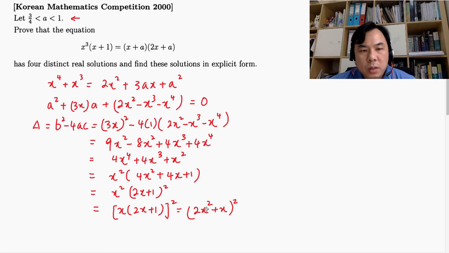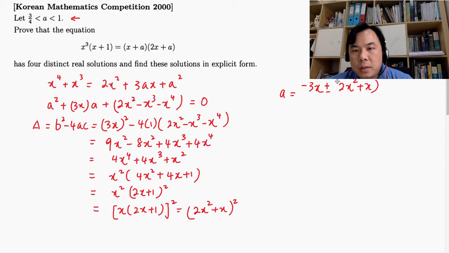Then using this result here, we can deduce that a would have this solution here. That would be the square root of the discriminant, which is actually 2x squared plus x, divided by 2. So therefore, we have two solutions for a.